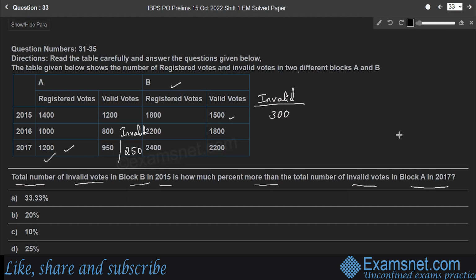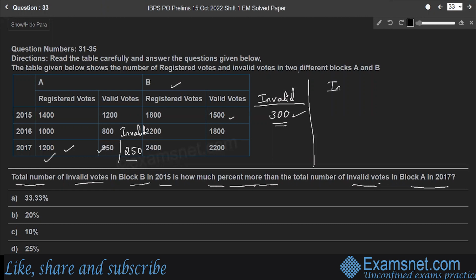Total registered votes minus valid votes gives the number of invalid votes. So the number of invalid votes in block B is how much percent more than in block A, that is 250? Here 300 is 50 more than 250, right?